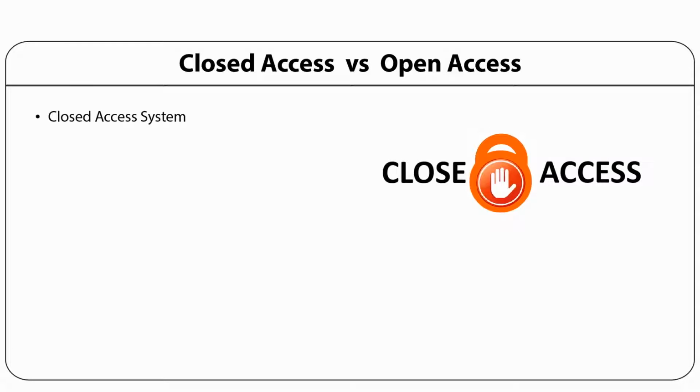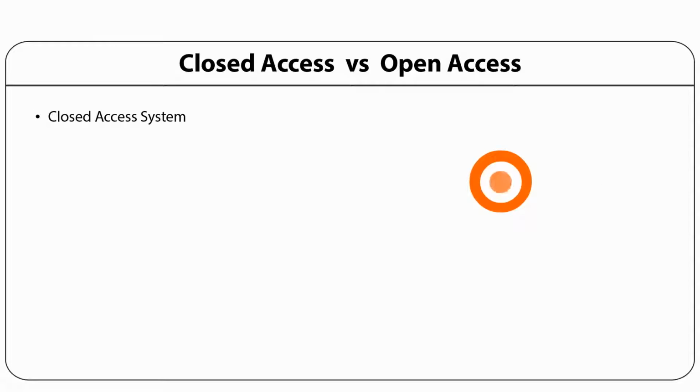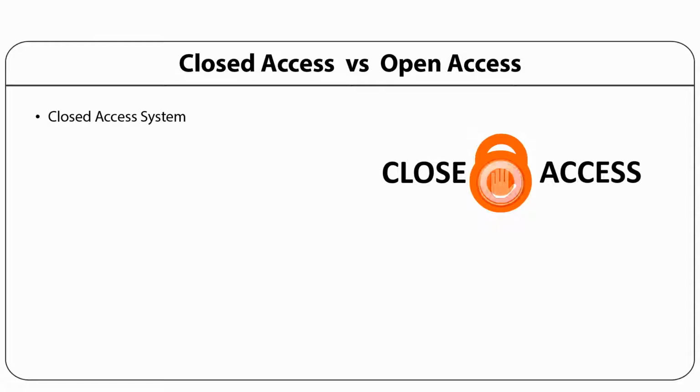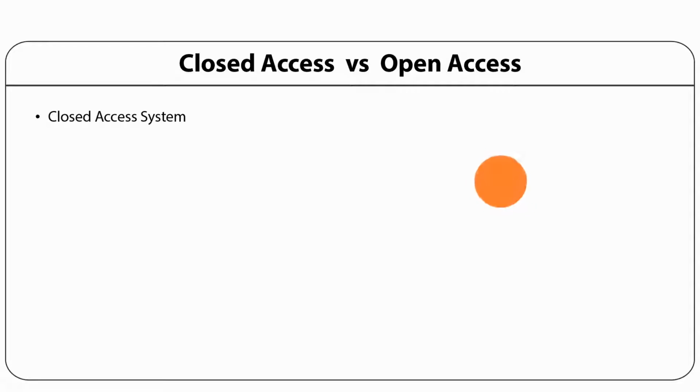In closed access system, the library users are not permitted to enter the stack room area. Library staff search and bring the books required by the readers. This system has many disadvantages.